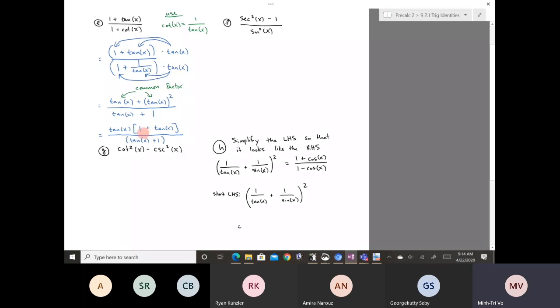So they just divide each other out. And what am I left with? Just tangent. Now it's just a single trig function, and so I am done. You can write it as sine over cosine, but that's not completely necessary.